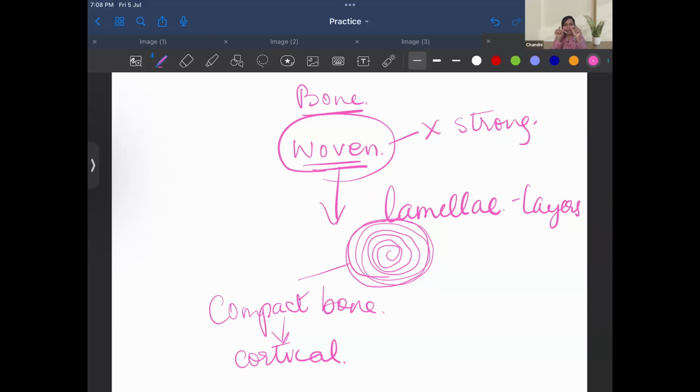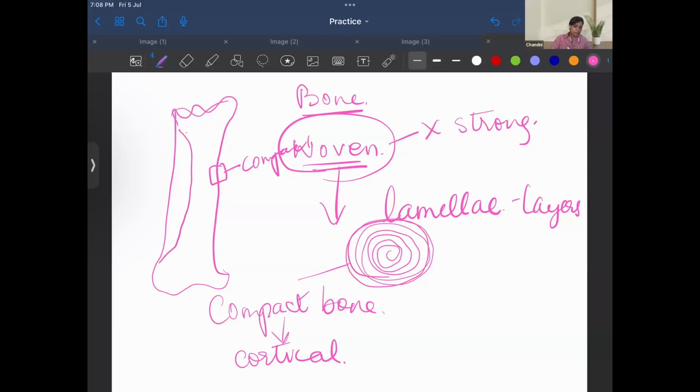As you go in, you have a layer of the spongy bone, trabecular bone, and then you have a space inside, like a cavity, which is called the marrow cavity, right? So this part is called compact bone. Here inside, you have the marrow cavity. And here, this part is called the trabecular bone. This is not in the entire bone, okay? Not throughout.